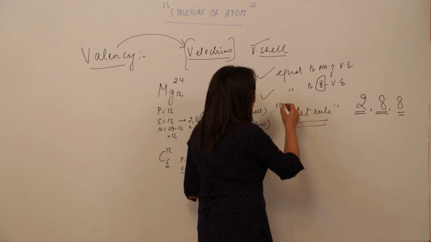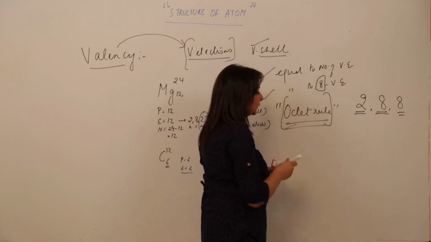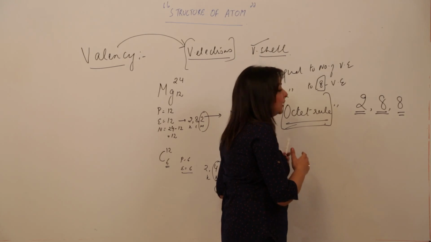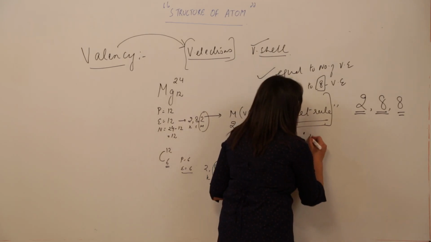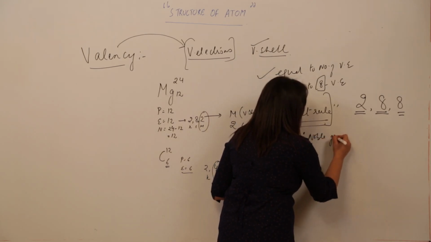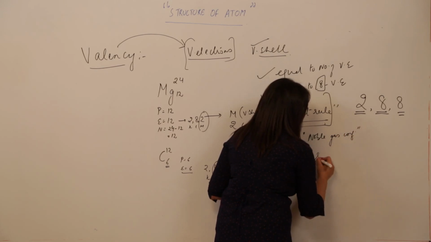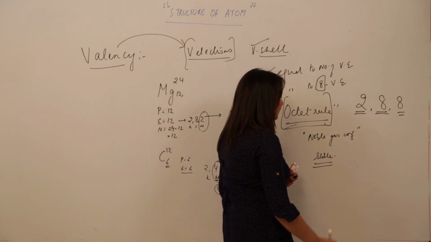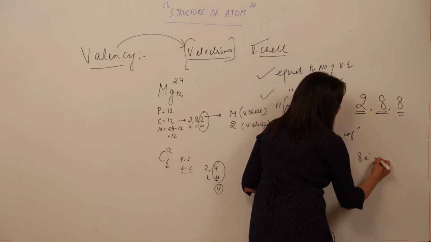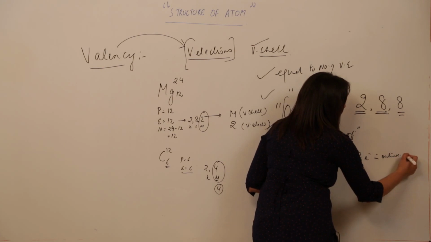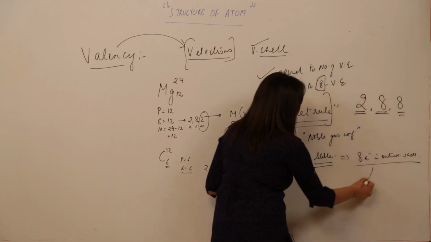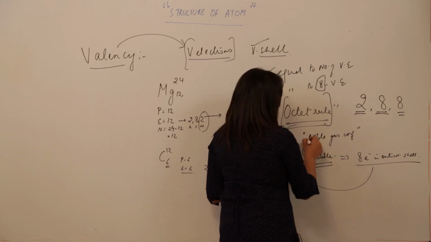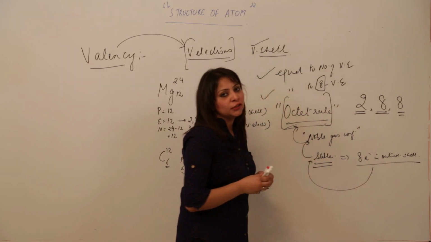So what does the octet rule state? It states that any element needs to attain the noble gas configuration. Noble gas configuration means the stable configuration, which means having 8 electrons in the outermost shell. To attain a stable configuration, to attain noble configuration, means to complete an octet.